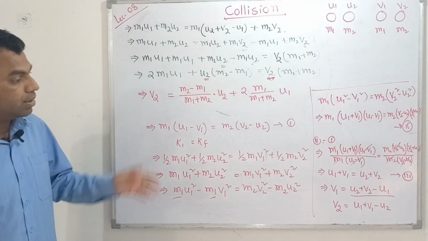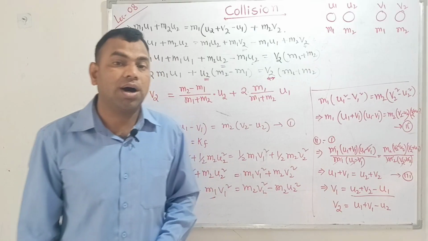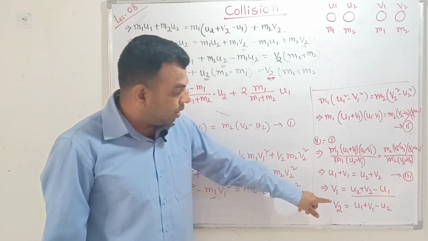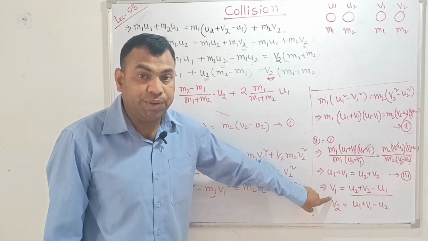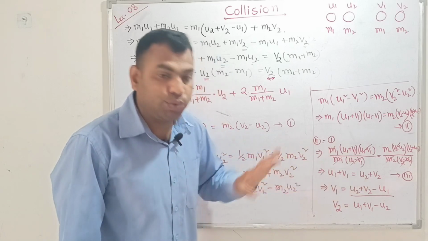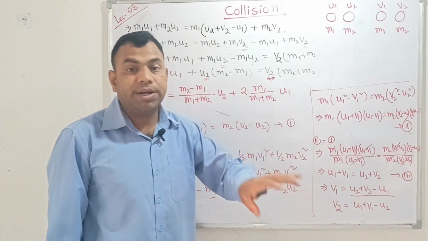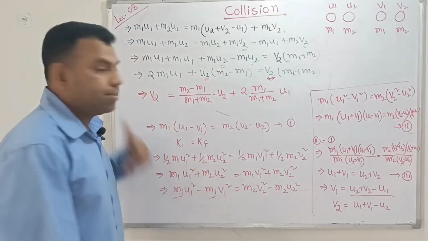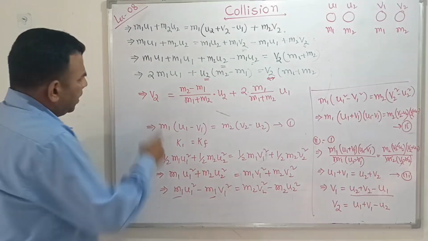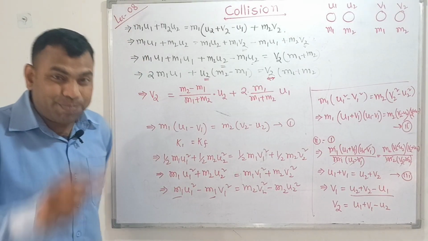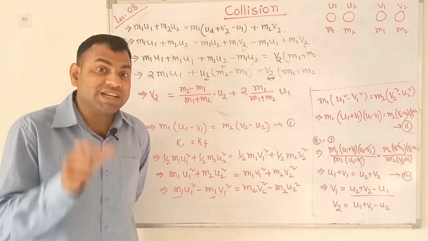In this way we can find b1 as well. How can we find it? We put the value in place of b1 to find the value of b2. If we put the value of b2, we can easily find b1. So how can we remember this? This is very important and we must remember it.